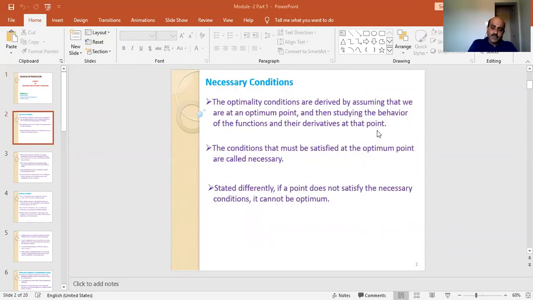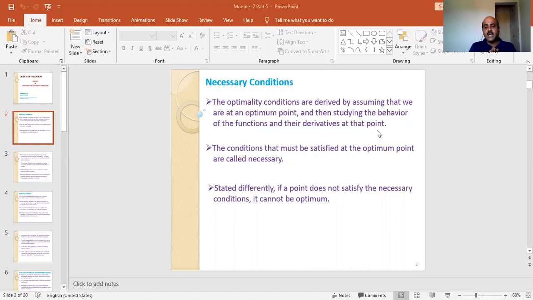Let us start with the first one, what we call a necessary condition. The optimality conditions are derived by assuming that we are at an optimum point and then studying the behavior of the functions and their derivatives at that point. When you want to derive any optimality conditions, the one important assumption we make is that we are at the optimum point.